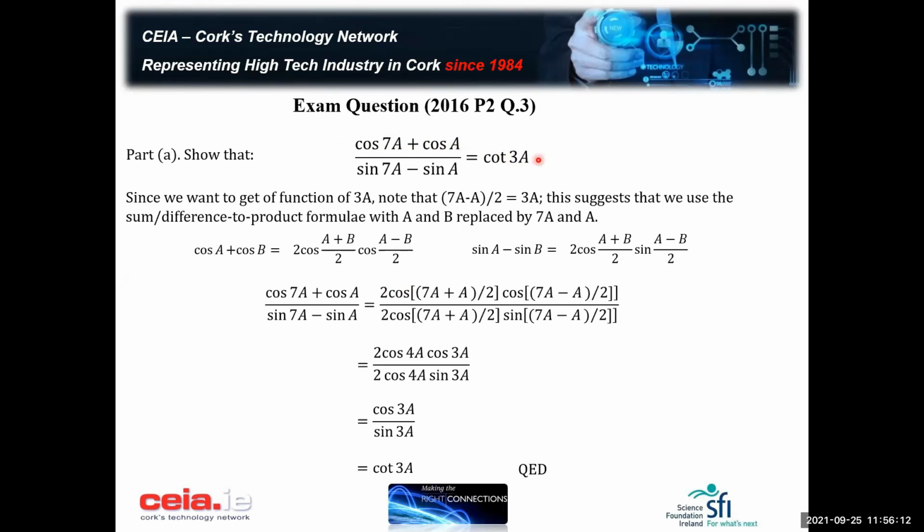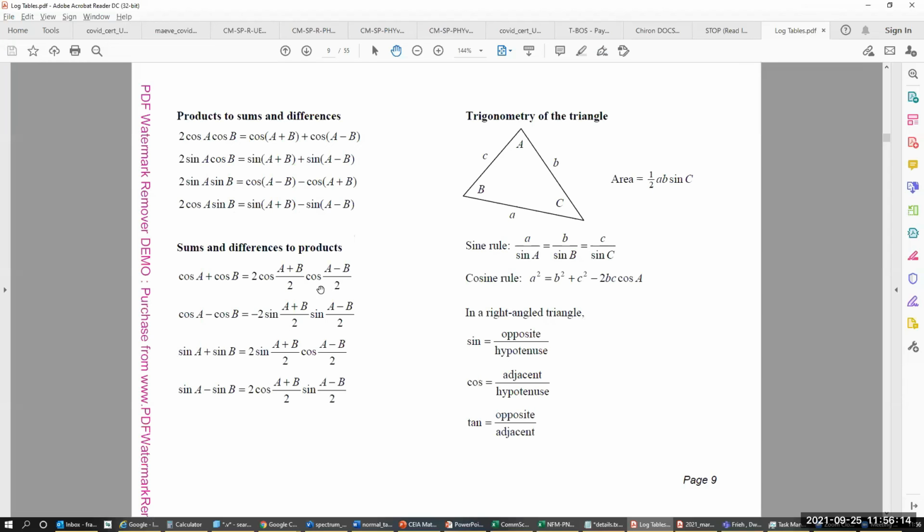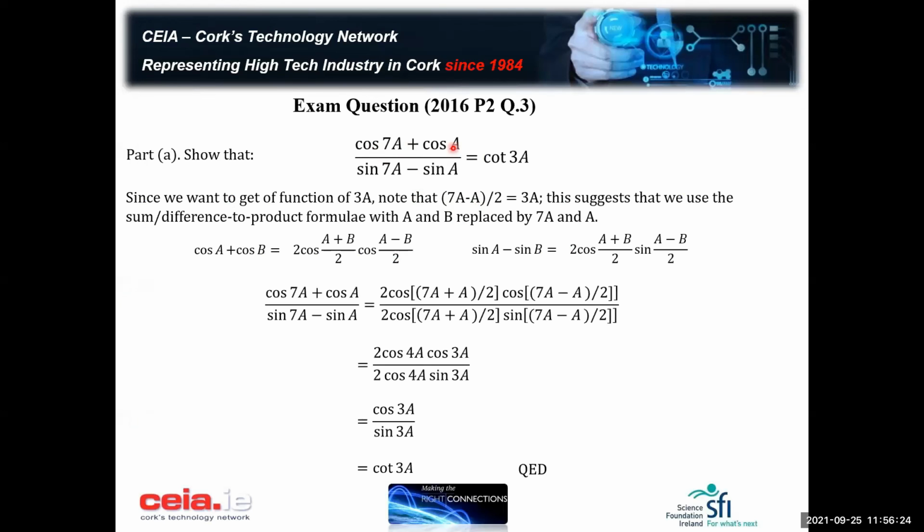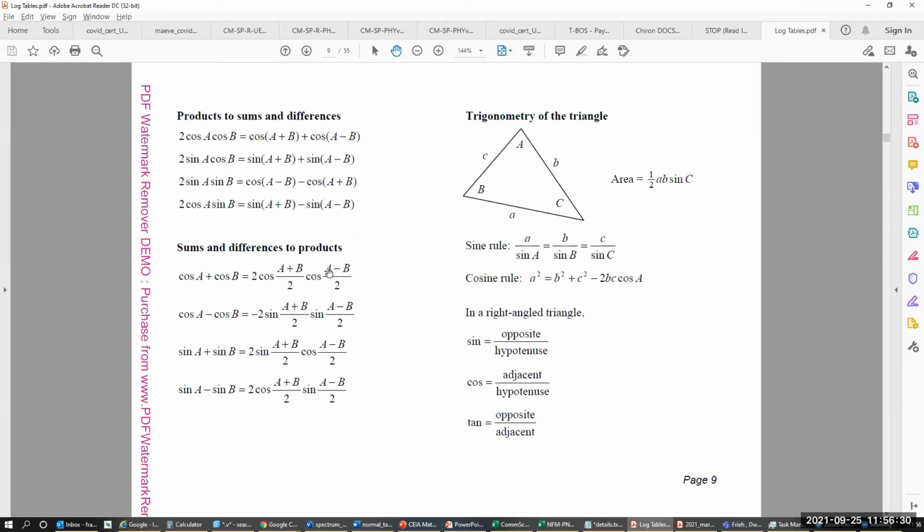So that looks kind of promising. So you want to use one of the formulas that has the same format, a cosine plus a cosine on top, but it has the a minus b over 2. So this equation looks promising.